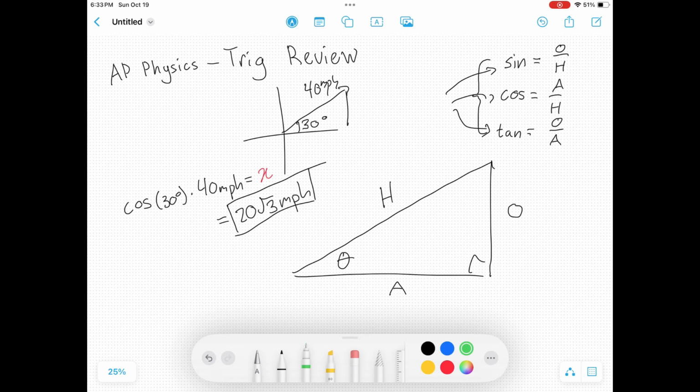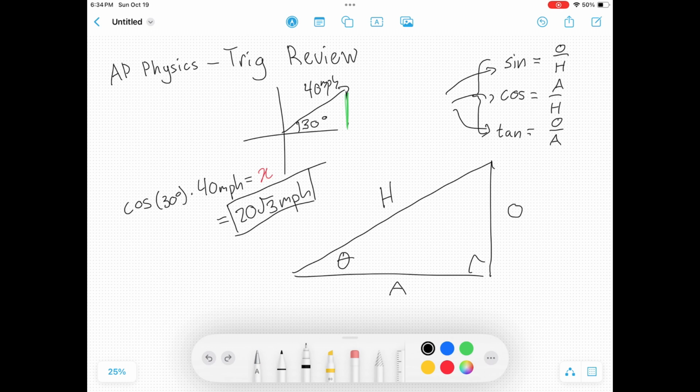What about the y component? What about this component right here? Well, if you remember, we need to use a formula from this list right here that we know the hypotenuse, but we don't know the opposite side, which sine is going to be our option in this case.